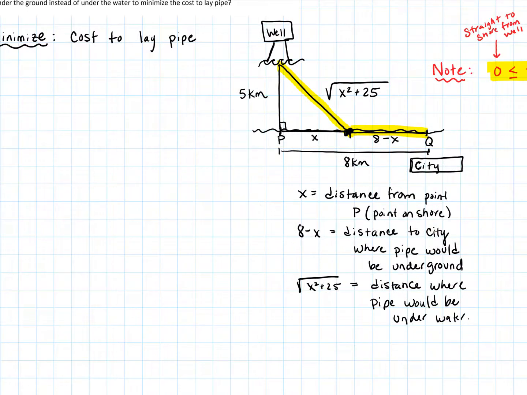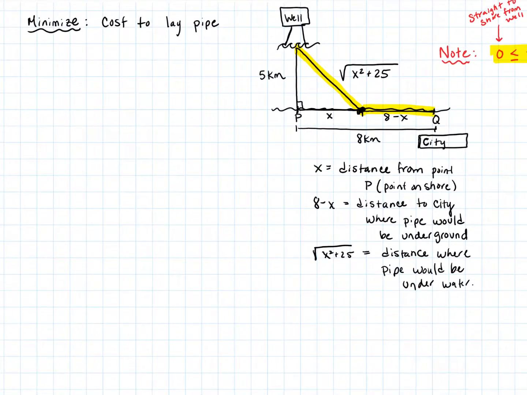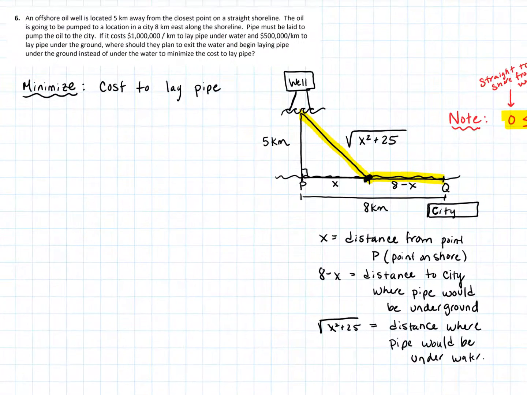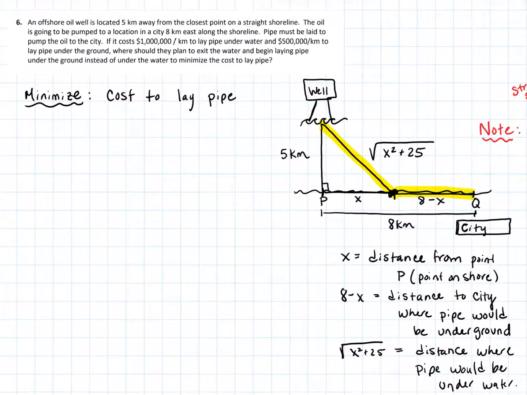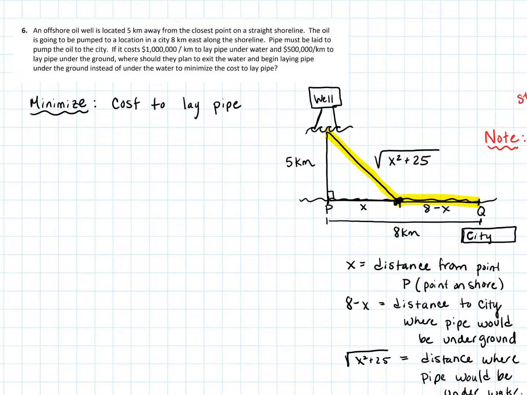All right. So what then is going to be the actual cost to lay this pipe? And we got to think about what the costs were given to us here. And I want to keep that picture on the page. Okay, so it turns out that our cost function is going to be a function of where we come out on the water, right? Where we come out of the water, which we've labeled on the picture using that x. That's going to be our diagram there that we're going to use to create this cost function.